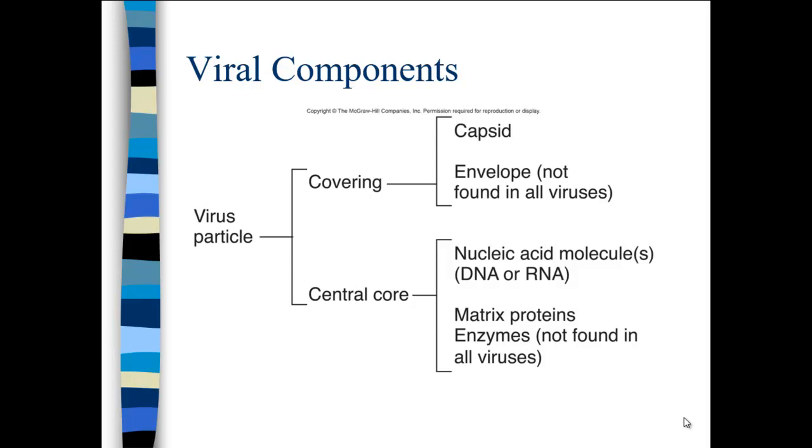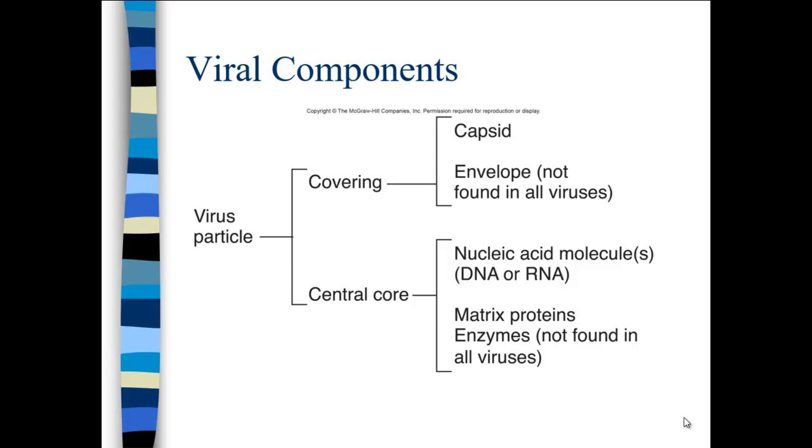Okay, so let's break down the viral components. First, you have some type of covering, and then you have a central core. The outermost covering is made out of protein. It's called a capsid, and you'll find a capsid in all viruses. And then outside of the capsid, you will find an envelope. So I screwed up, sorry. The capsid is on the inside, the envelope is on the outside, and the envelope is not found in all viruses.